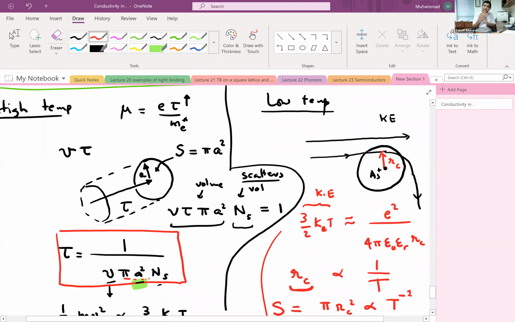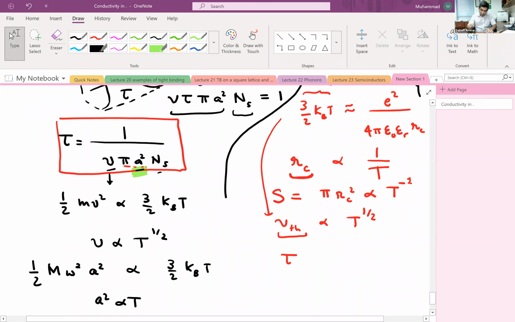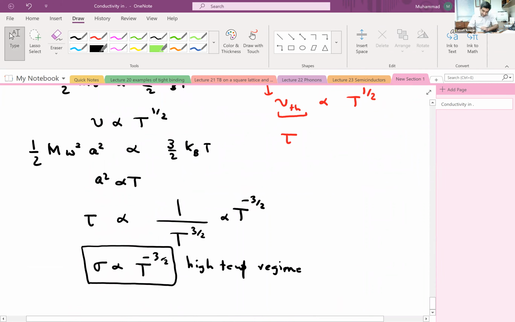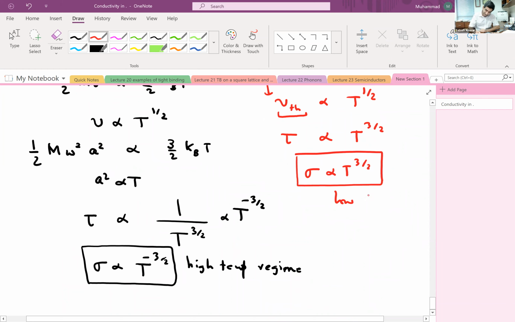RC is the effective distance at which an electron will be scattered, distance from the nucleus. So if I put all these factors in together, I'll find out that my tau is proportional to T raised to 3 by 2, and sigma is going to be proportional to T raised to 3 by 2. So this is what I see in the low temperature regime.